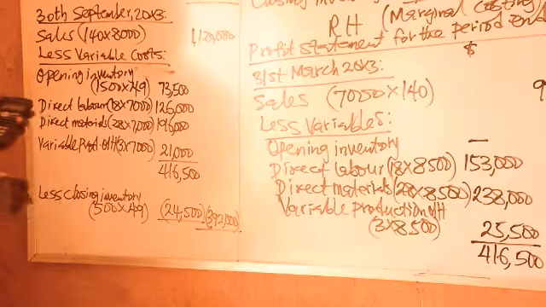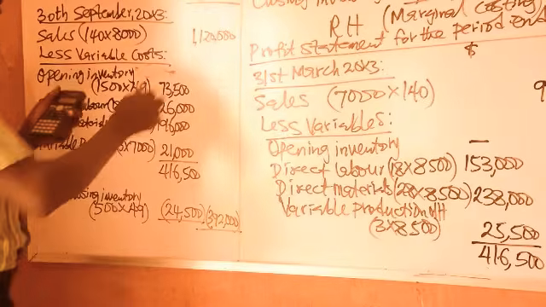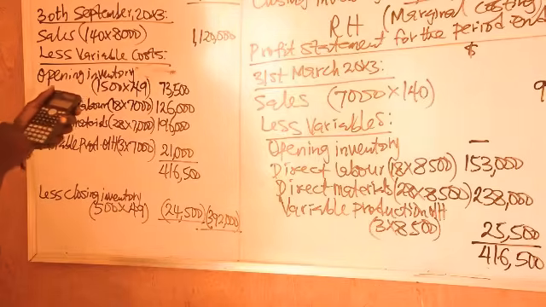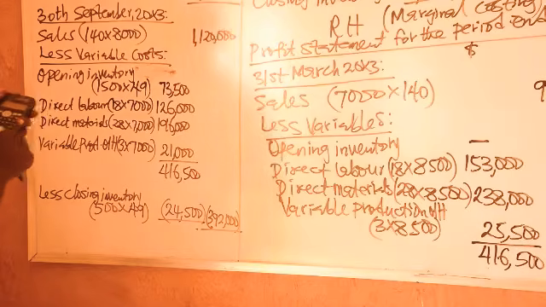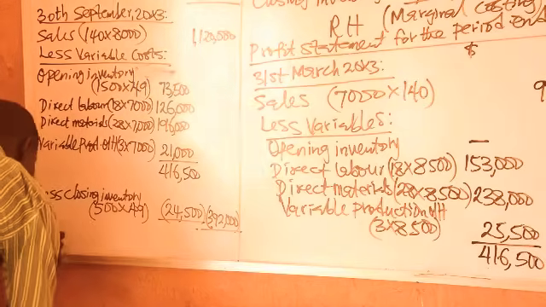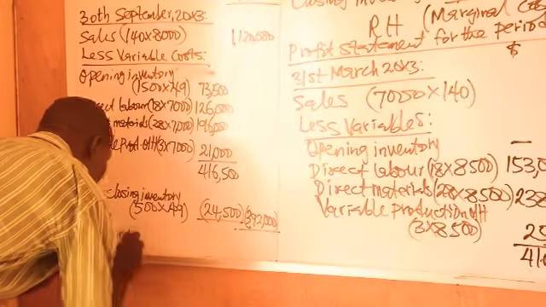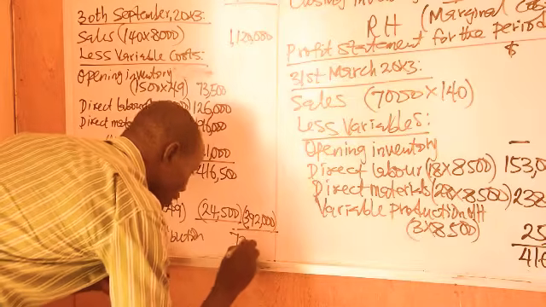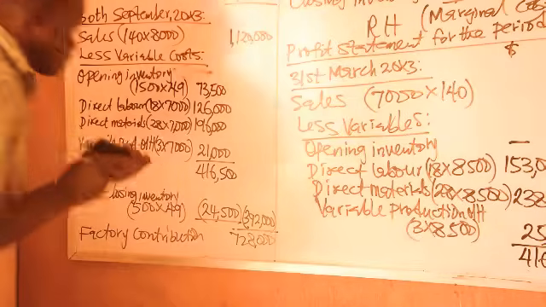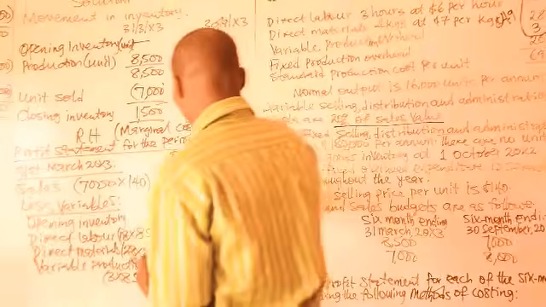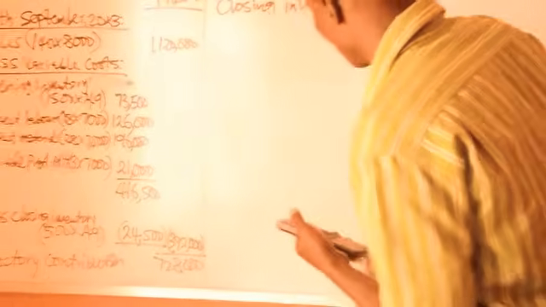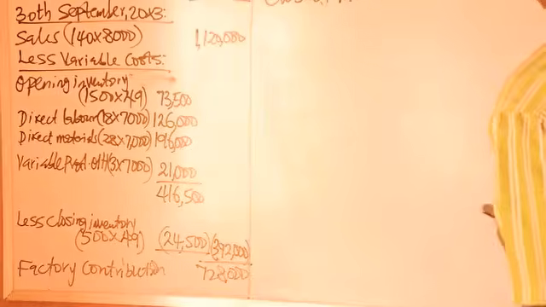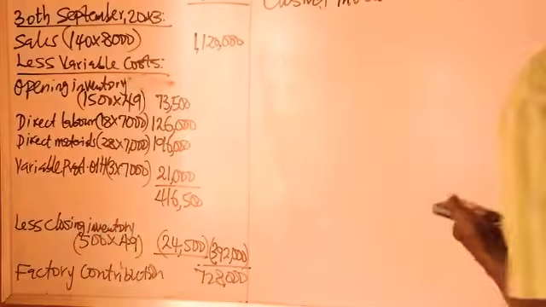Then you subtract 392,000 from sales of 1,120,000, and then you have factory contribution of 728,000. From the factory contribution, you less other variable costs.